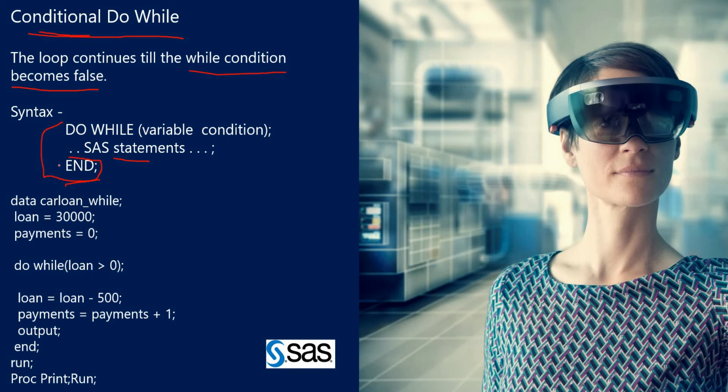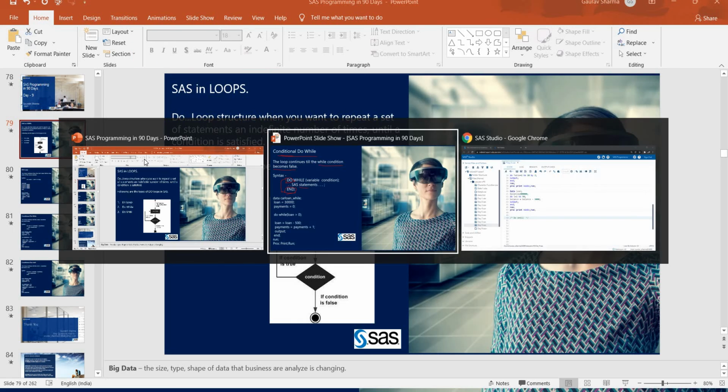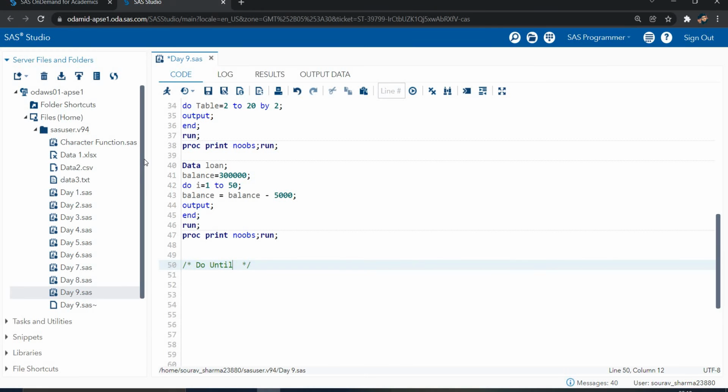The end statement is mandatory in every loop. Whenever you're writing any loop, you have to write the do statement and the end statement, then your variable condition, and in between you can write your SAS statements. So let's see the example for the do while.